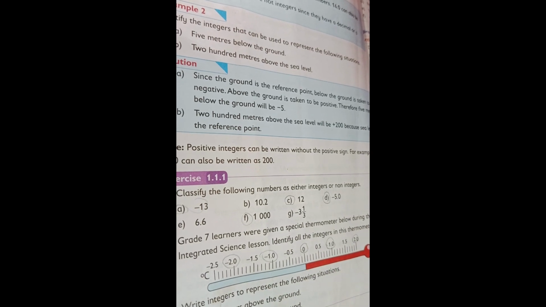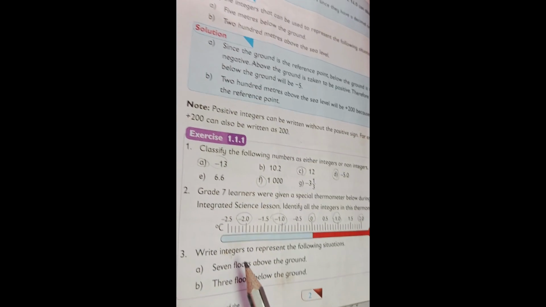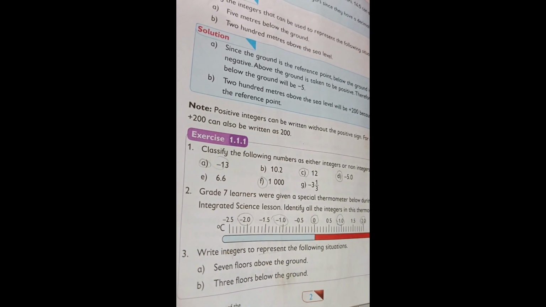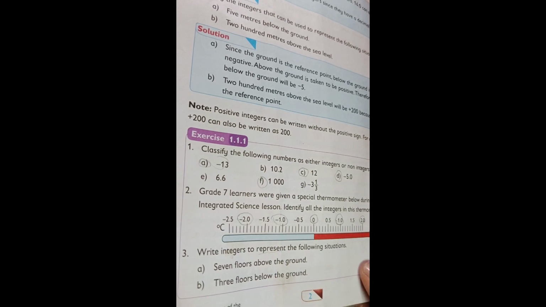Then from there, number 3, the question is write integers to represent the following situation. Now, the 7th floor above the ground. From there, you can represent a number line using a scale.